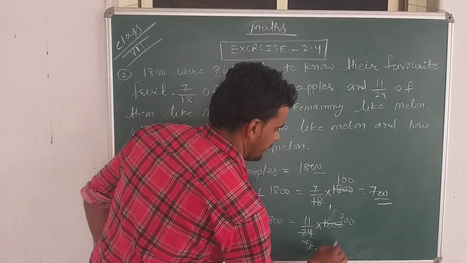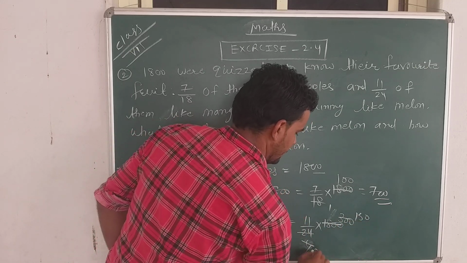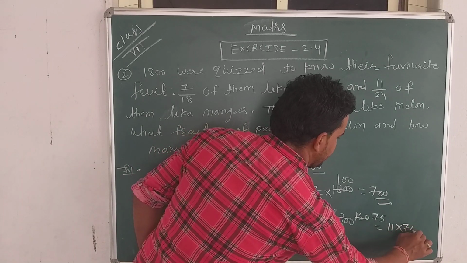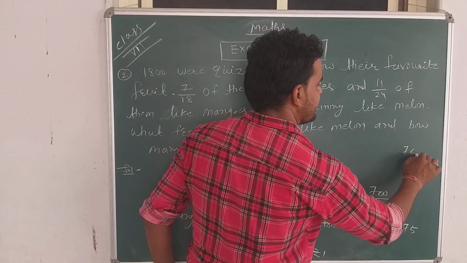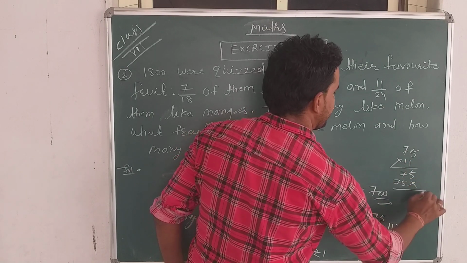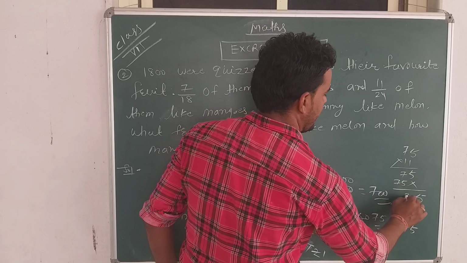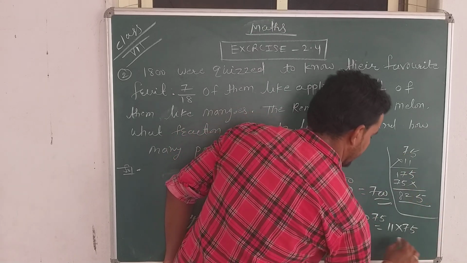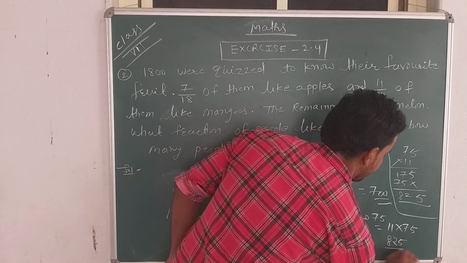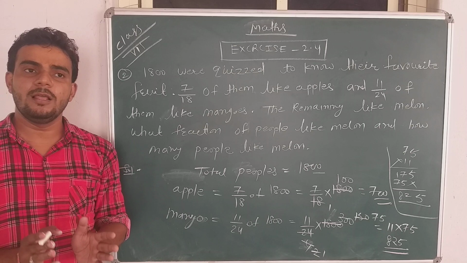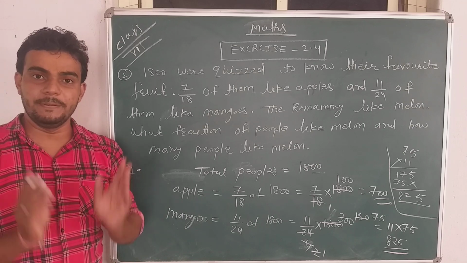Okay, 2 2 ja 4 and 1 150. 2 1 ja 2 and 75. So 11 multiply 75 gives 825. So 825 people like mangoes, and we have to find the remaining people, or the remaining fraction of people.